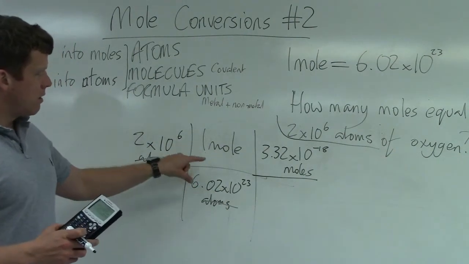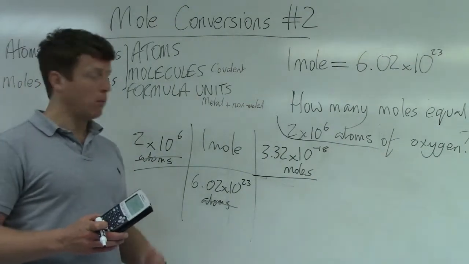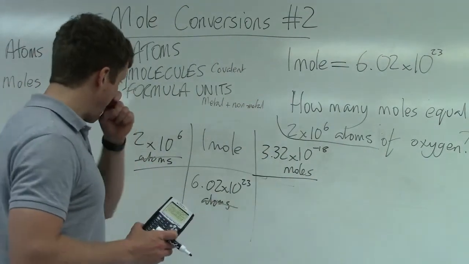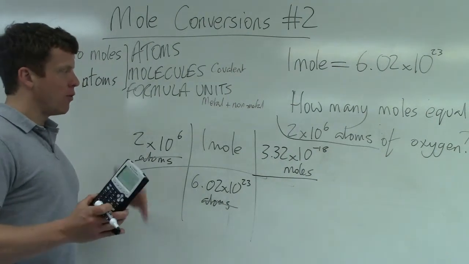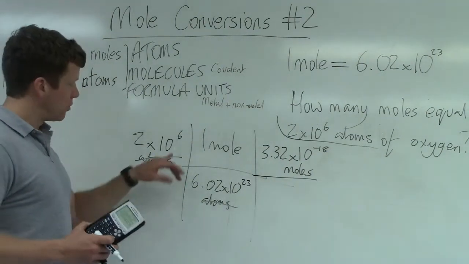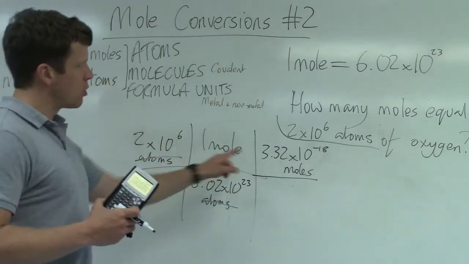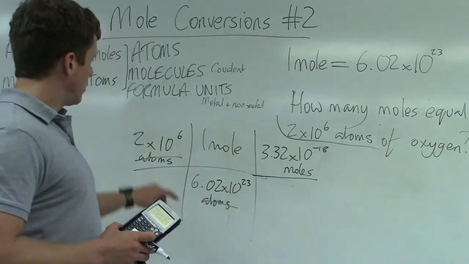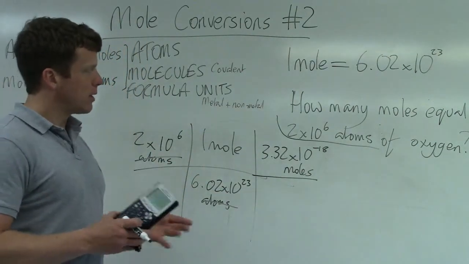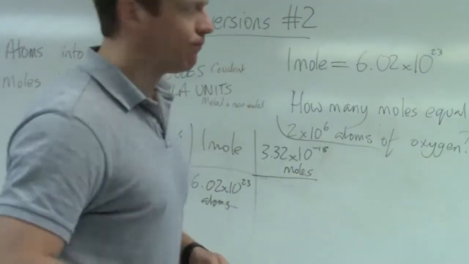So compared to 1 mole, we're going to have a much, much smaller number than 1 mole, and it's going to be that number. Also, if you remember your algebra, your exponent rules, if you have the same base, you subtract the exponents. So it should be around 10 to the minus 18, 6 minus 23. Then you've got this division. Anyway, so that number should be making sense.